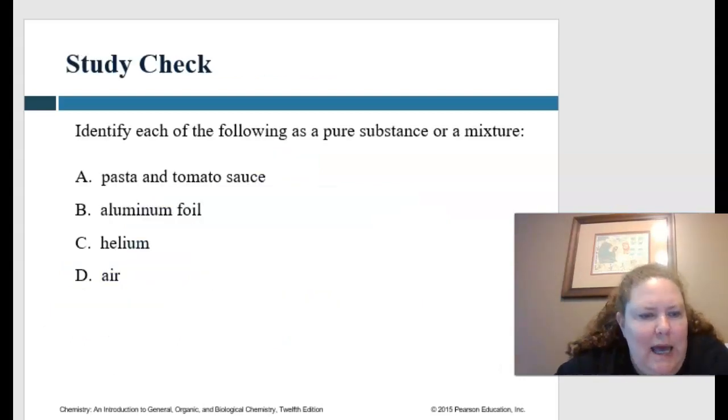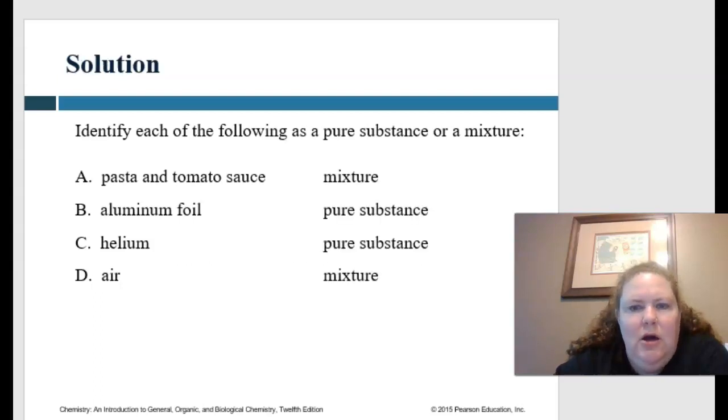Looking at this, let's identify each of the following as a pure substance or a mixture: pasta and tomato sauce, aluminum foil, helium, and air. I'll give you a second. All right, pasta and tomato sauce would be a mixture, while the aluminum foil is a pure substance.